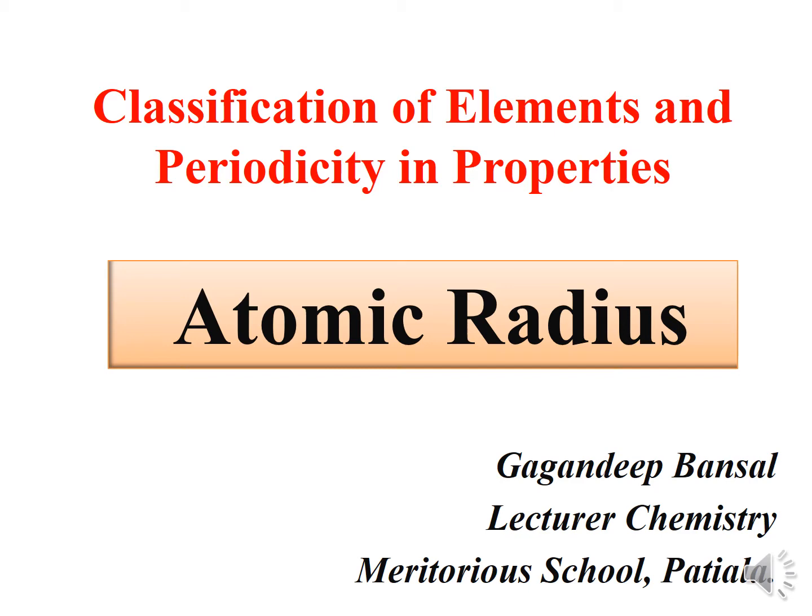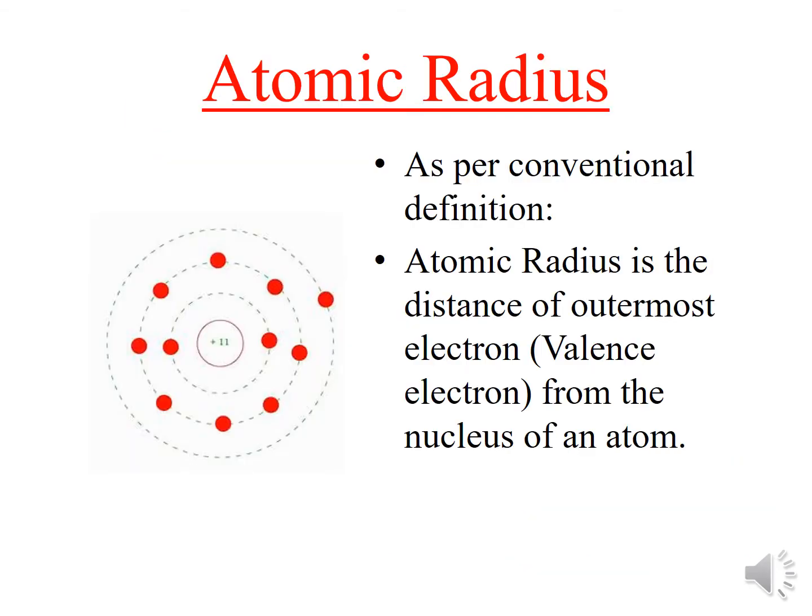Today we are going to learn about the topic atomic radius from the chapter classification of elements and periodicity in properties. First, we will learn about the definition of the term atomic radius. So first, what is atomic radius?